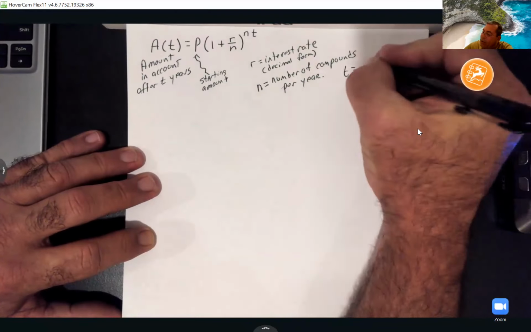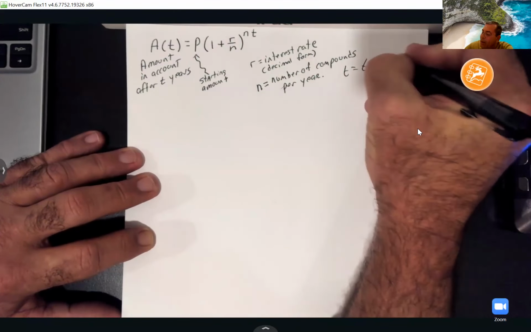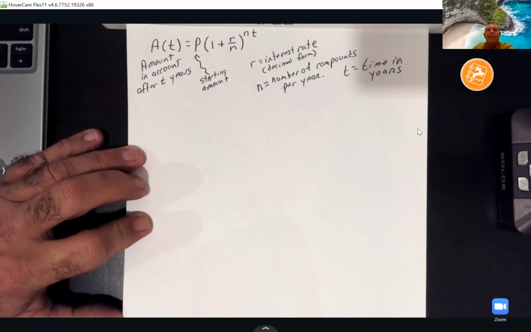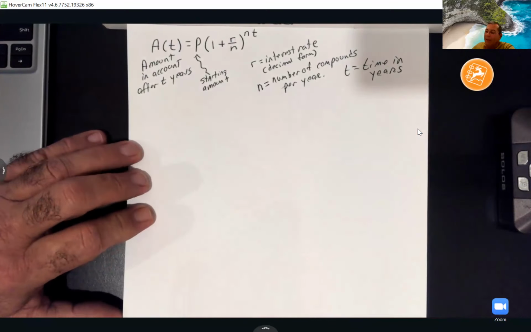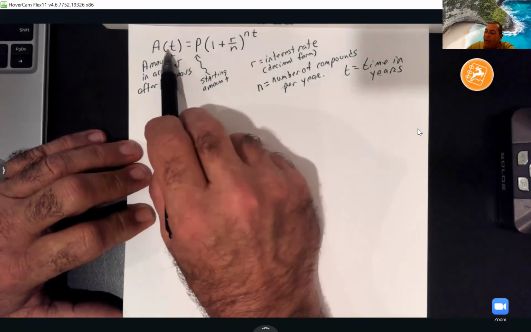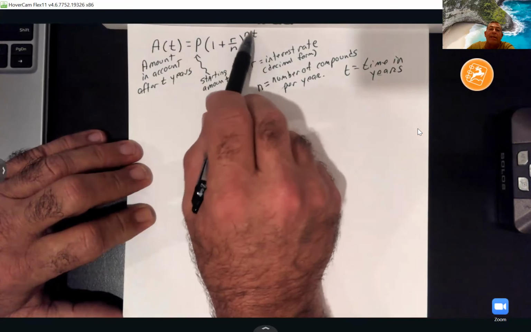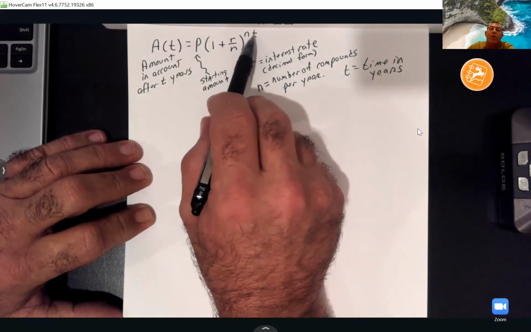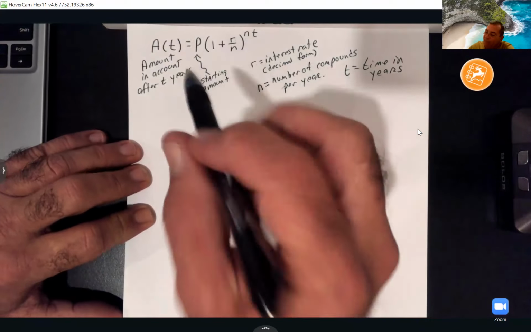So T equals time in years. So notice, since you got T up here and the amount depends on T, this is what's making it exponential, because that's what's going to be changing over time. Okay.